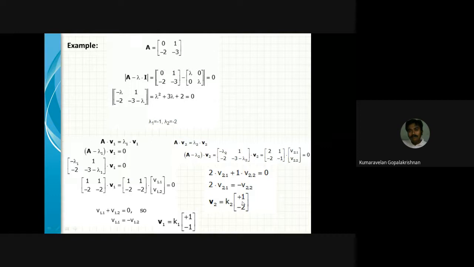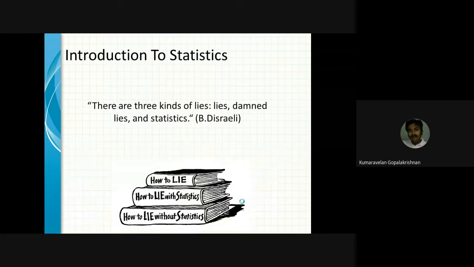So these eigenvalues and eigenvectors are mostly useful for finding out which features have more influence in your problem. That is the purpose of finding out all this mathematics, that is eigenvalues and eigenvectors. Okay.